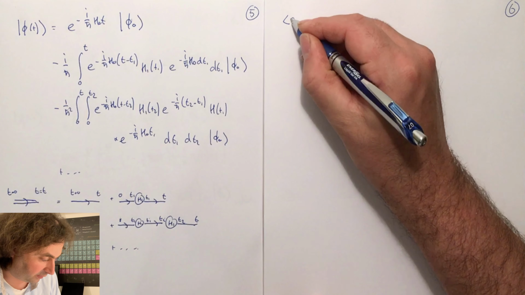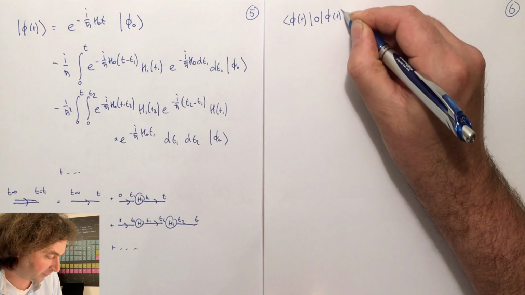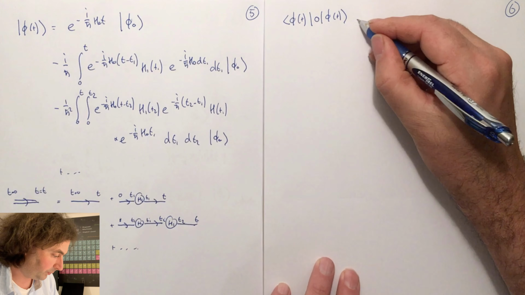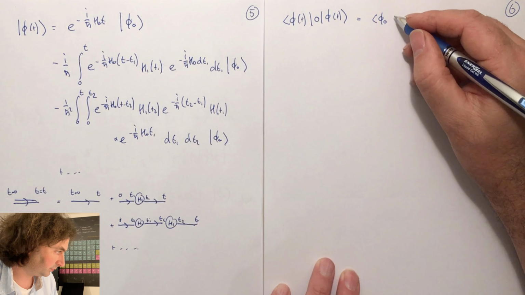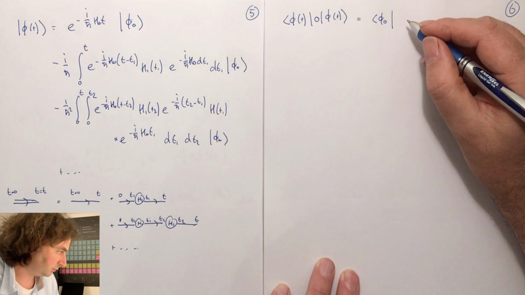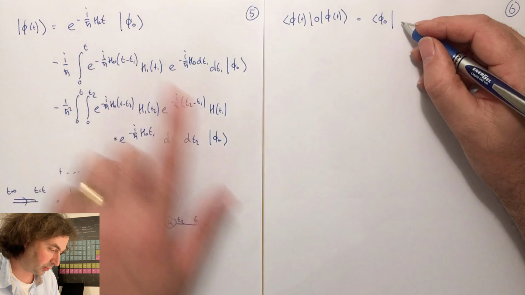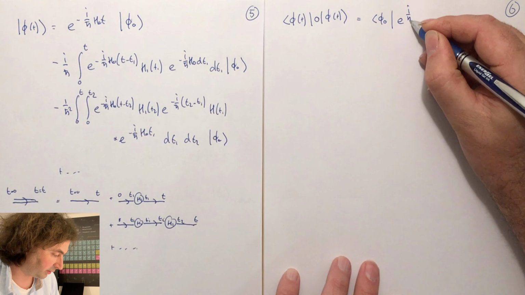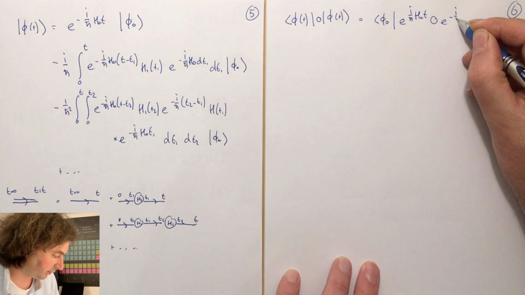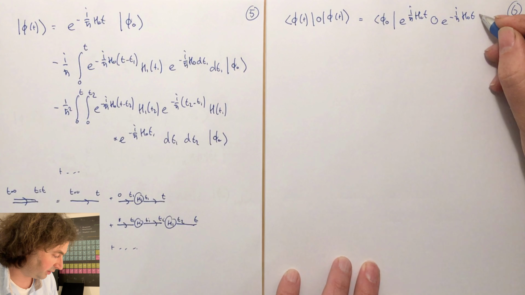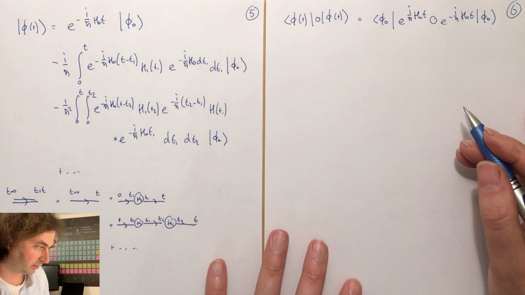So if we look at our wave function and now calculate the expectation value of operator O, then this is given by phi 0, and then for the first term this is just e to the i over h-bar H0 t, O, e to the minus i over h-bar H0 t, psi 0, so that's the 0th order susceptibility.